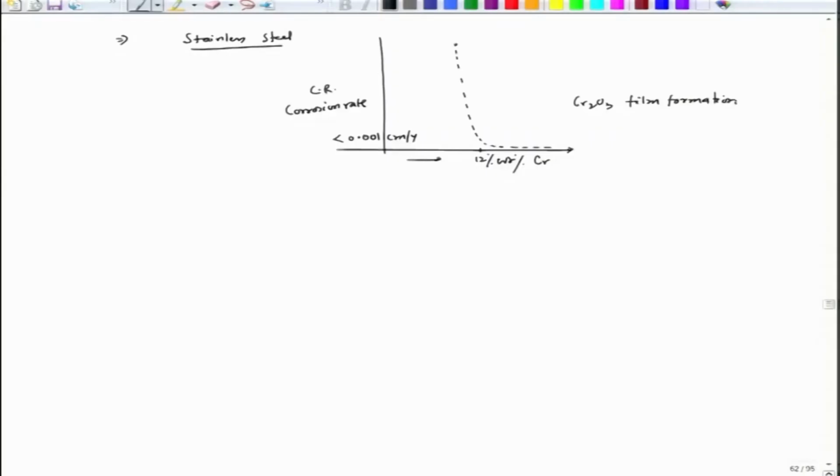Now, this is one part, and of course, in case of stainless steel, apart from chromium, we add nickel, molybdenum, and even titanium and niobium. Those elements provide a bit of extra passivity, or improve the passive layer, in order to have better resistance to corrosion.